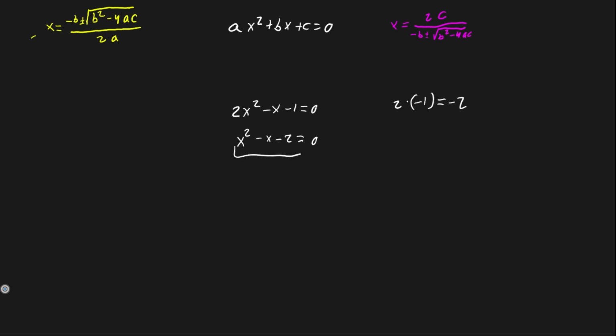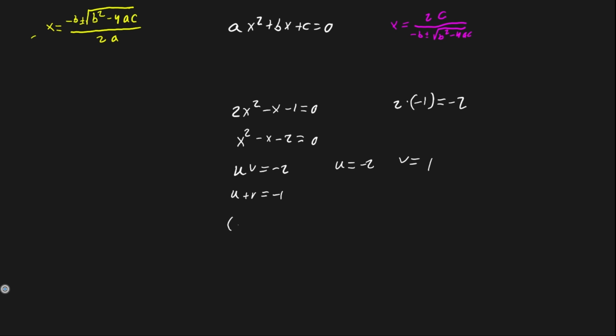But the solutions for this are not the same solutions for the quadratic we're looking at. So we want to find two numbers that multiply to -2 but add to -1. And those two numbers are u equal to -2 and v equal to 1, because -2 times 1 is -2 and -2 plus 1 is -1.